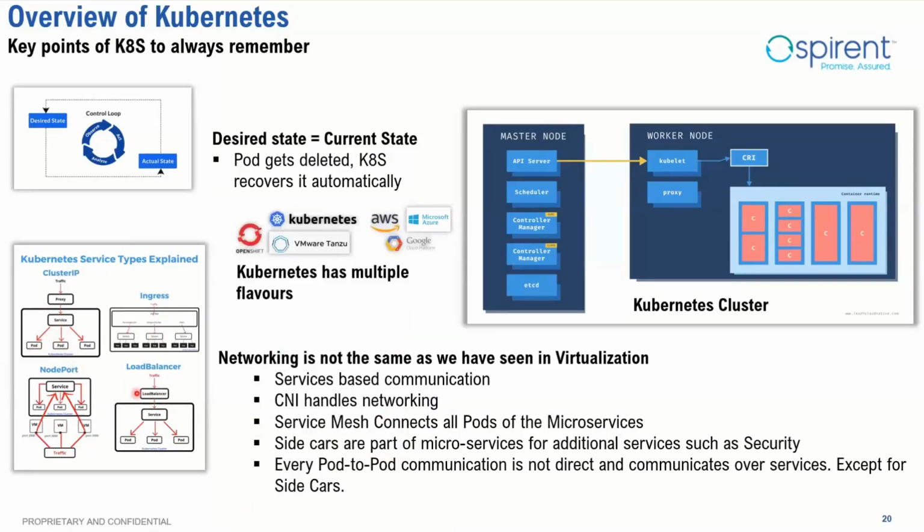And this I have already talked about. There are different platforms, different flavors of Kubernetes: from Red Hat, OpenShift; you have VMware Tanzu; and you also have managed Kubernetes services from the cloud providers. So this is all about Kubernetes.